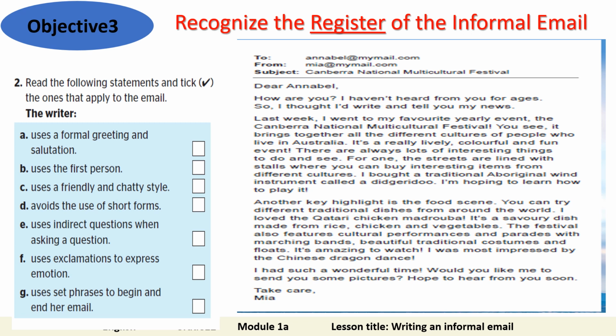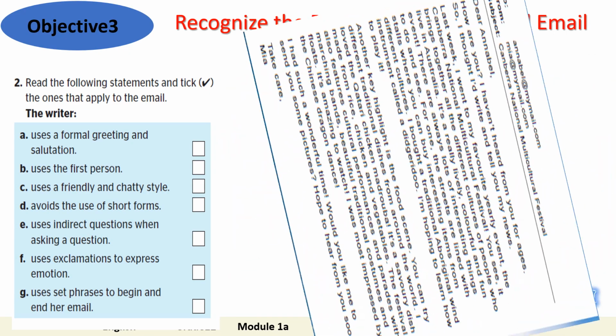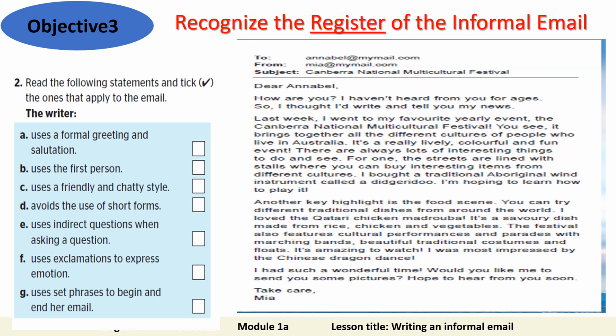After we learned a bit about the content of an informal email, we need to recognize the style and the language we should use when we write an informal email. You will see on your right-hand corner a second list from which we are to decide on what the email has and what it doesn't.